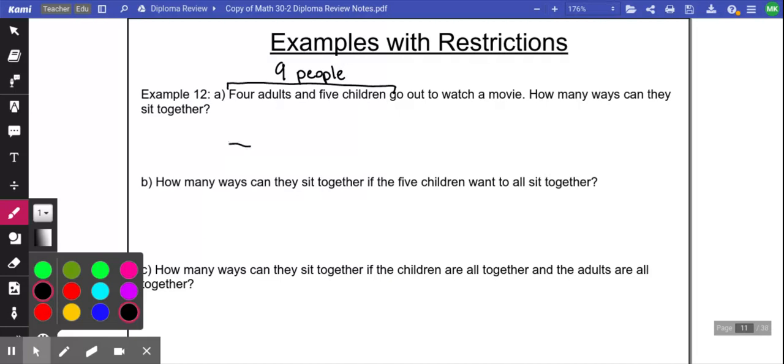Well, there's 9 spots. In the first seat, any of those 9 people could sit down. In the second spot, any of the 8, 7, 6, 5, 4, 3, 2, 1. That is the same thing as saying 9 factorial.